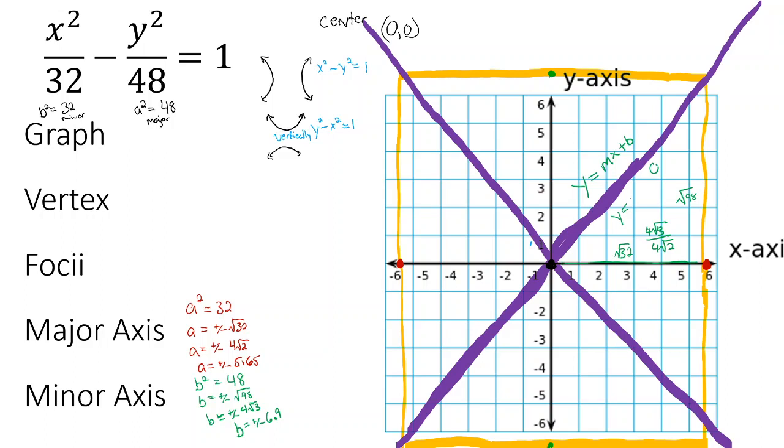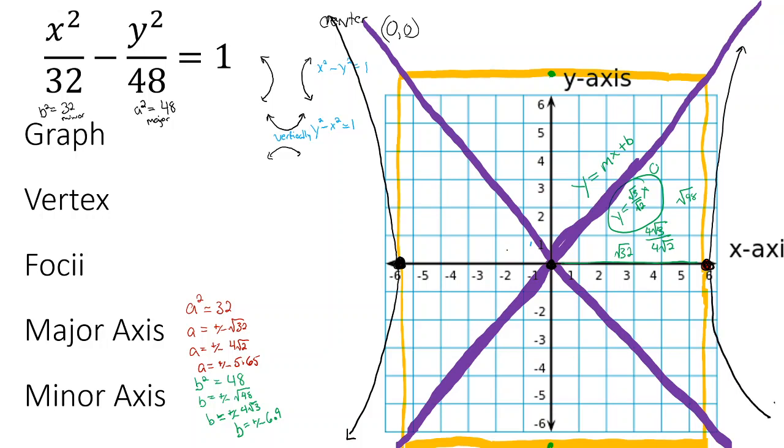So actually, it's square root of 3 over square root of 2 x would be the equation of my line. I didn't really have to do that. I've never actually done that on this slide before, I don't think, in my years of teaching this. But anyways, so now as I go to graph this, it opens horizontally, so these points become very, very important. And it's going to go towards those asymptotes and get closer and closer to them without actually touching them. So that's how I'm going to sketch my hyperbola.